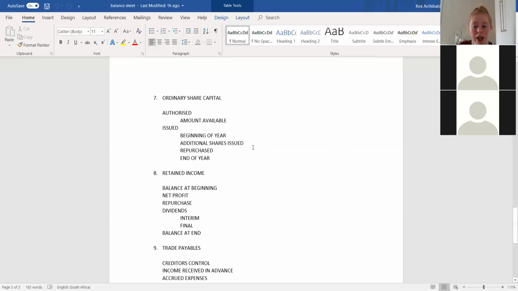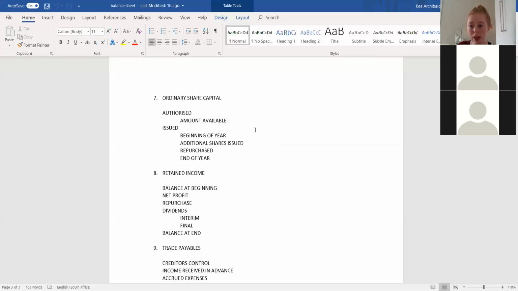Then with additional shares, again, it will be a number of shares issued at whatever cost, and then the total of that received. With additional shares issued, generally, the business would like to have issued shares at a higher price than the per share amount at the beginning of the year, because the whole aim would be to increase the amount that we are issuing our shares for.